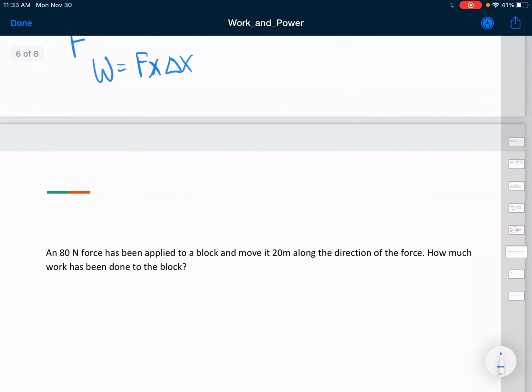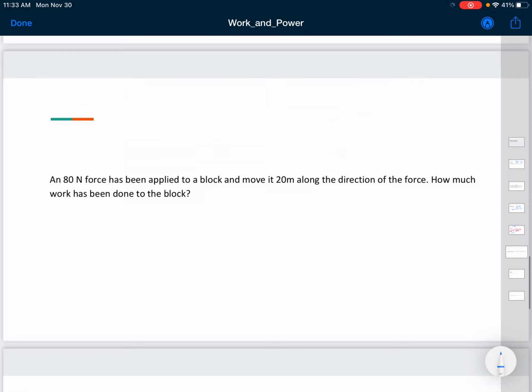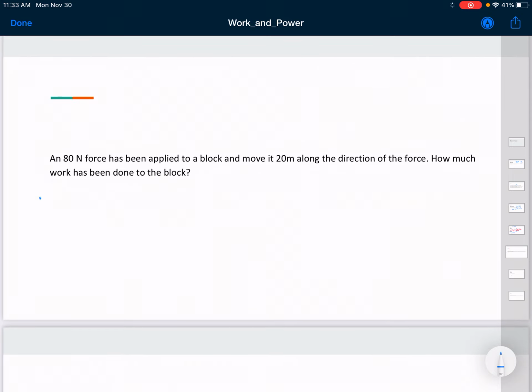So let's work through a practice problem now. An 80 Newton force has been applied to a block and moved 20 meters along the direction of the force. How much work has been done to the block? So if we come up here to our formula, we have W equals F times delta X. Let's write out what each of these variables is equal to.